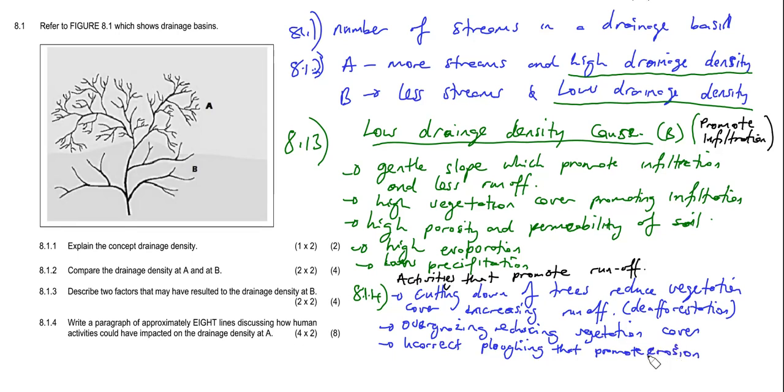Okay. Then here we can also talk of overcultivation, or incorrect cultivation. This one is more like the same as, then also building of houses.